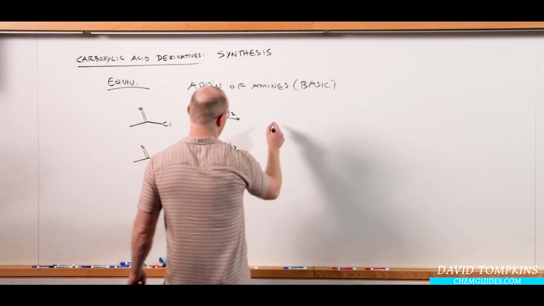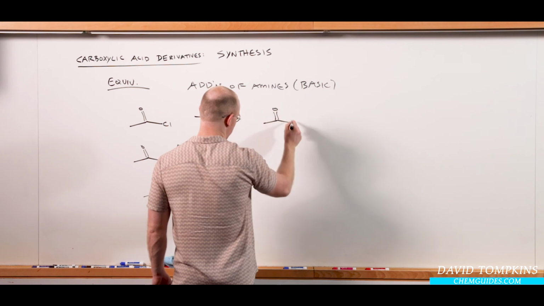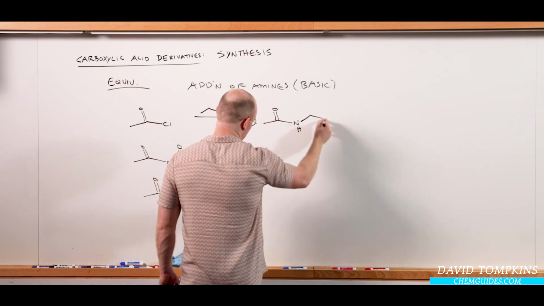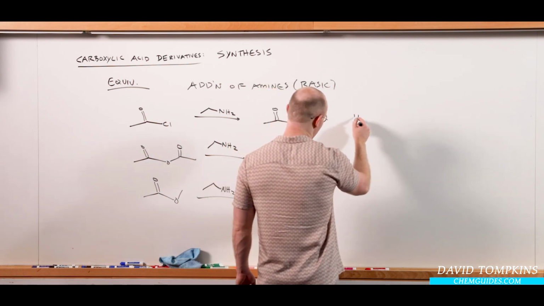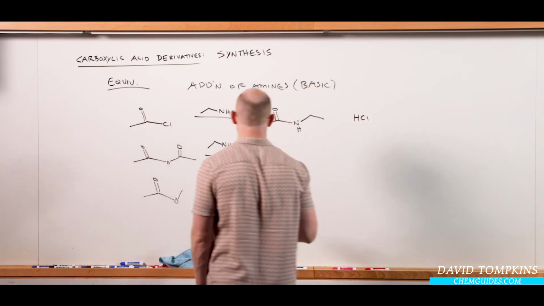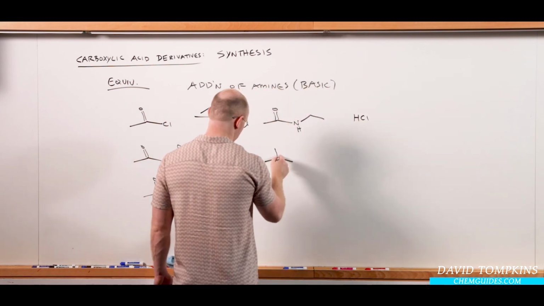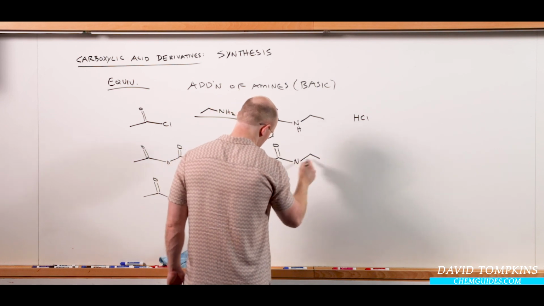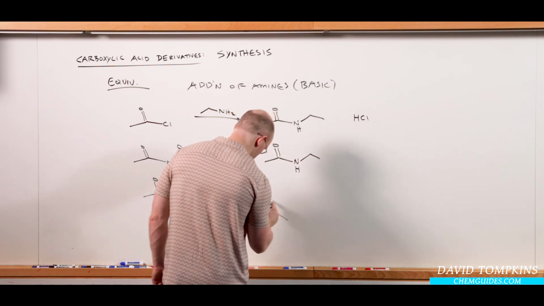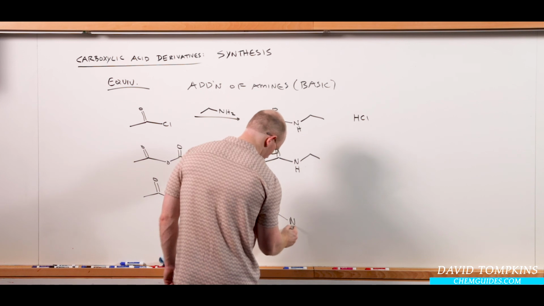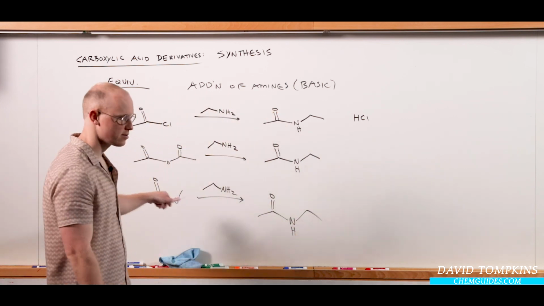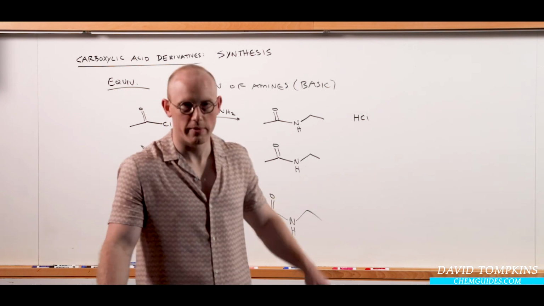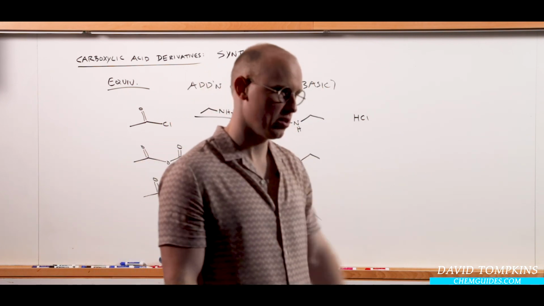With the chloride, it'll displace the leaving group. You make an amide, and the side product here is HCl. You get the same secondary amide for each of these. Good nucleophile attacks. A proton transfer may or may not occur. Leaving group leaves.